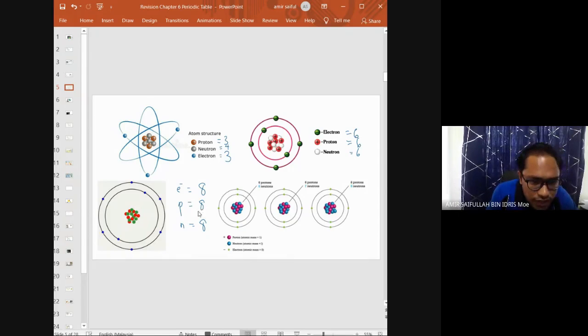This one is a coincidence, the protons and neutrons are the same. But if they are different in number, you find the color that has the same number as the electrons. If the red color has 8, that is the proton. Or if the green one has 8, that is the proton. So usually protons will be the same number as electrons.